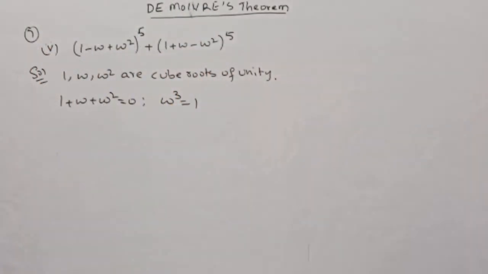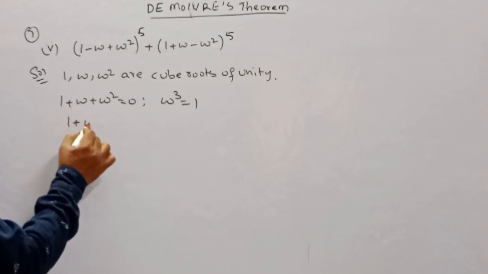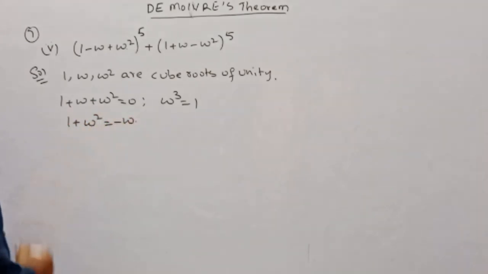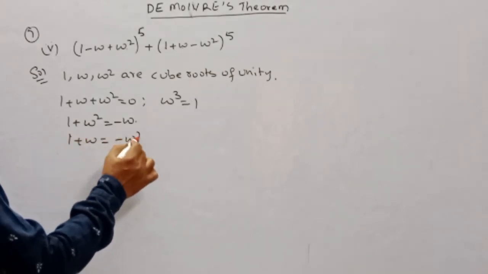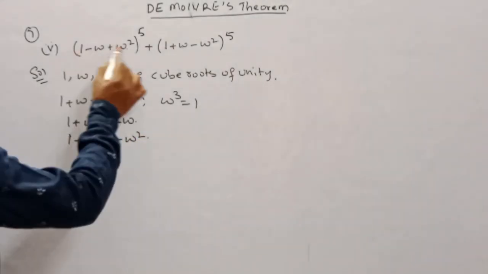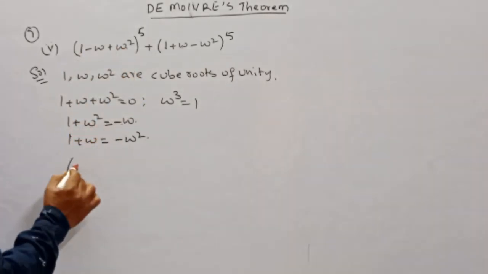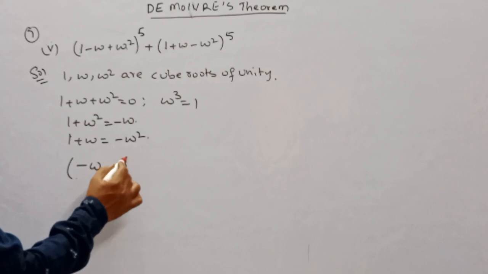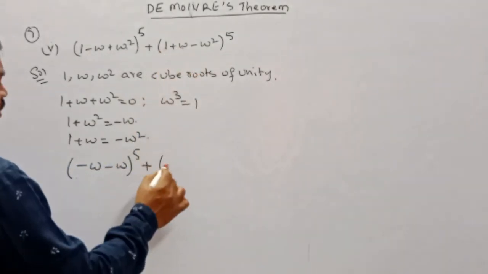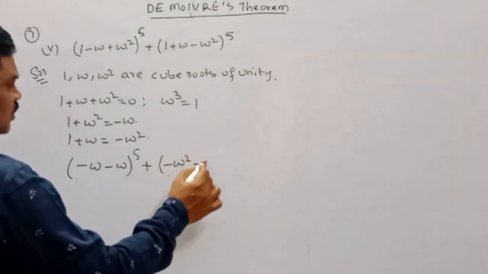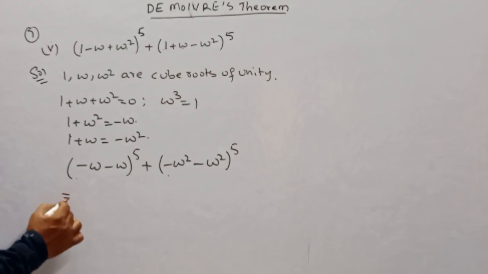Then 1 plus omega square is equal to what? 1 plus omega square is equal to minus omega. 1 plus omega is equal to what? Minus omega square. So you have to write (1 plus omega square, which is minus omega, minus omega) whole power 5 plus (1 plus omega, which is minus omega square, minus omega square) whole power 5.